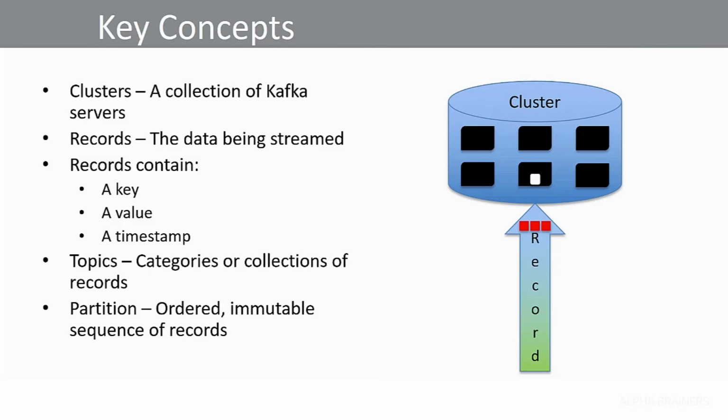And then also it provides a way that we can have an ordered, immutable sequence of records. So we know from the consumer point of view when we read from a partition that we're going to get the records in the order that they were received. The idea behind immutable, by the way, is that once a record gets received, it cannot be removed from that partition. So if there's invalid information inside that record, that can't be deleted from the partition.